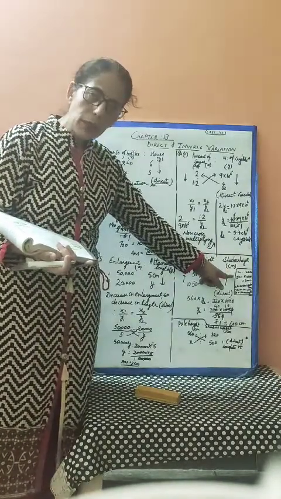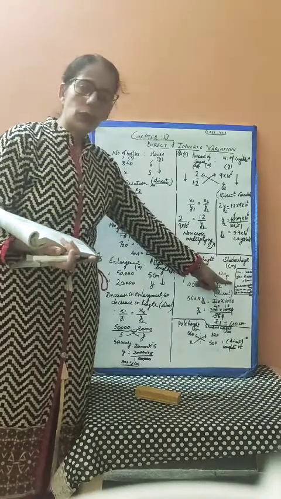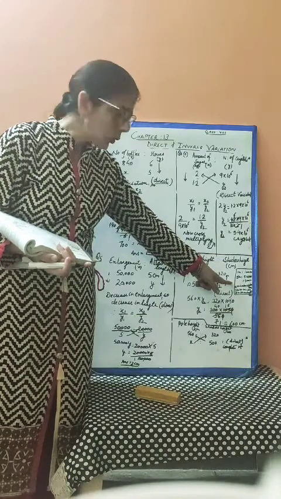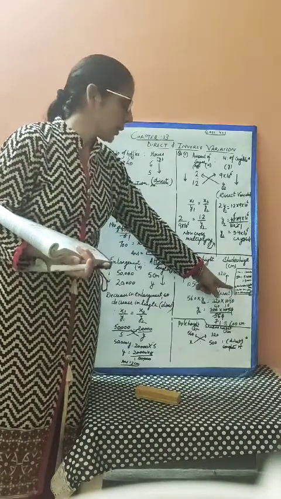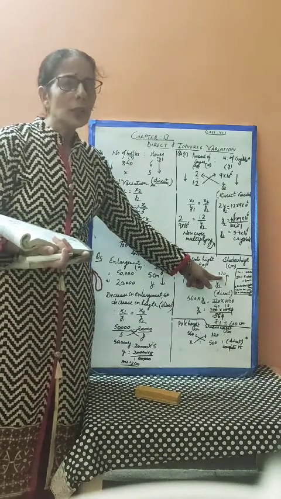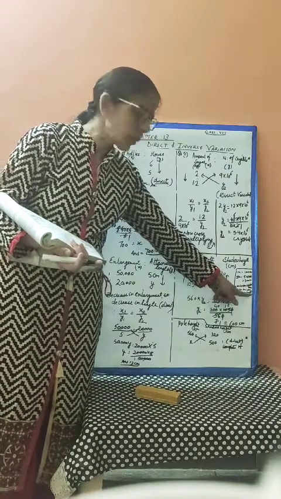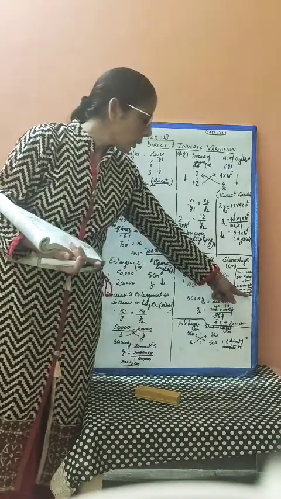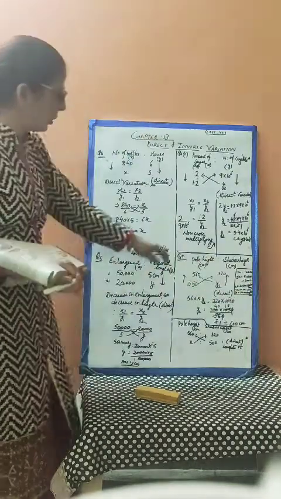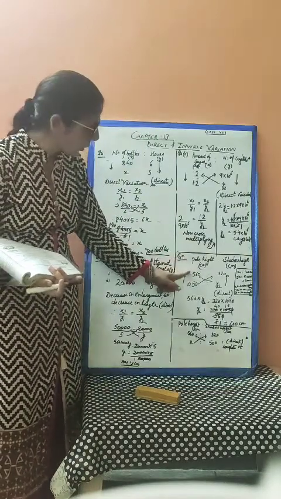So 5 meter is 500 centimeter, and 5 meter 60 centimeter is 560 centimeter. Similarly 3 meter 20 centimeter is 320 centimeter and 10 meter 50 centimeter is 1050 centimeter. So we should make the unit same. This is very important here.